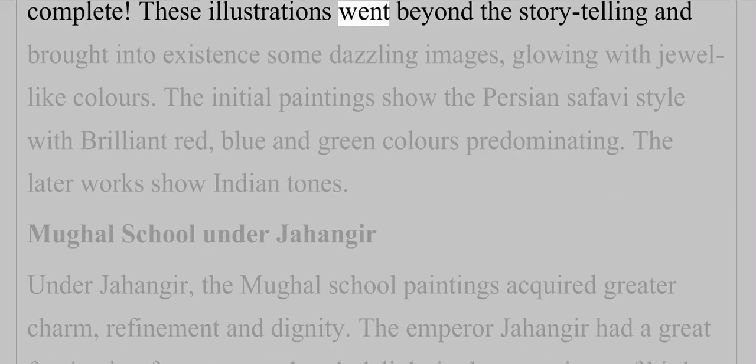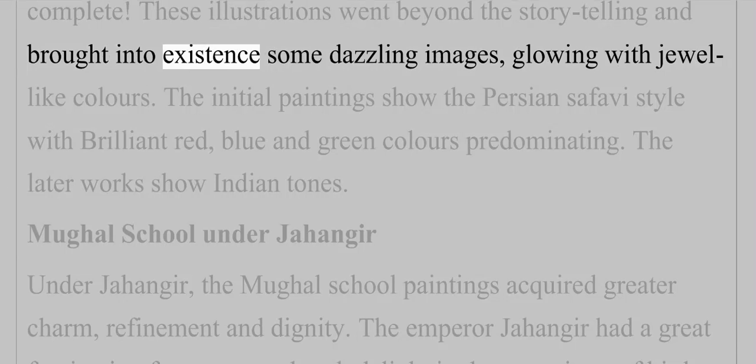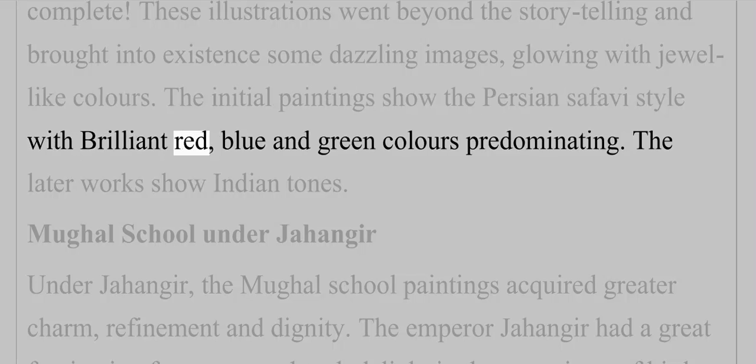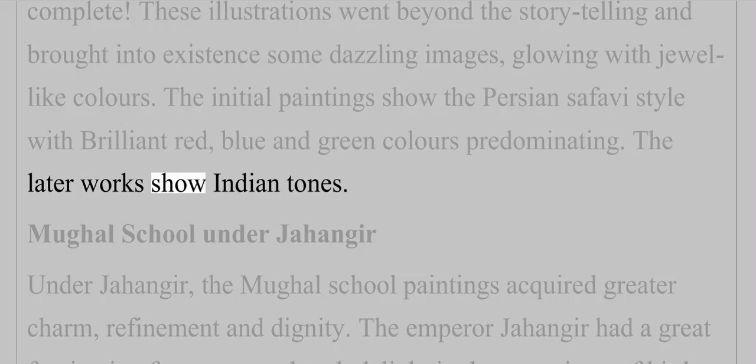These illustrations went beyond storytelling and brought into existence some dazzling images, glowing with jewel-like colors. The initial paintings show the Persian Sufi style with brilliant red, blue and green colors predominating. The later works show Indian tones.